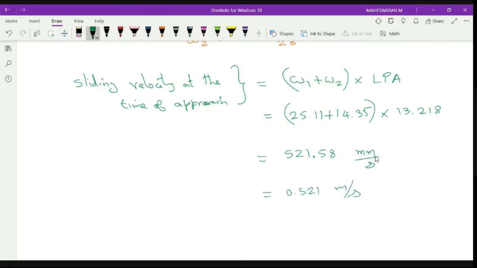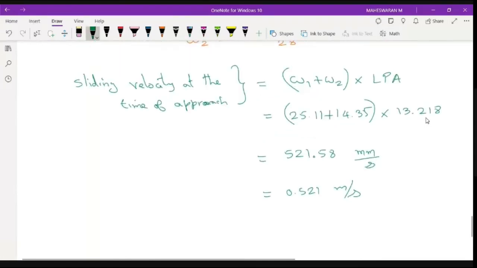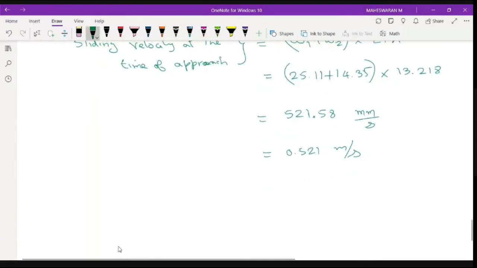Be careful in this because the LPA we substituted is in mm. Now, can you identify the sliding velocity at the time of recess?